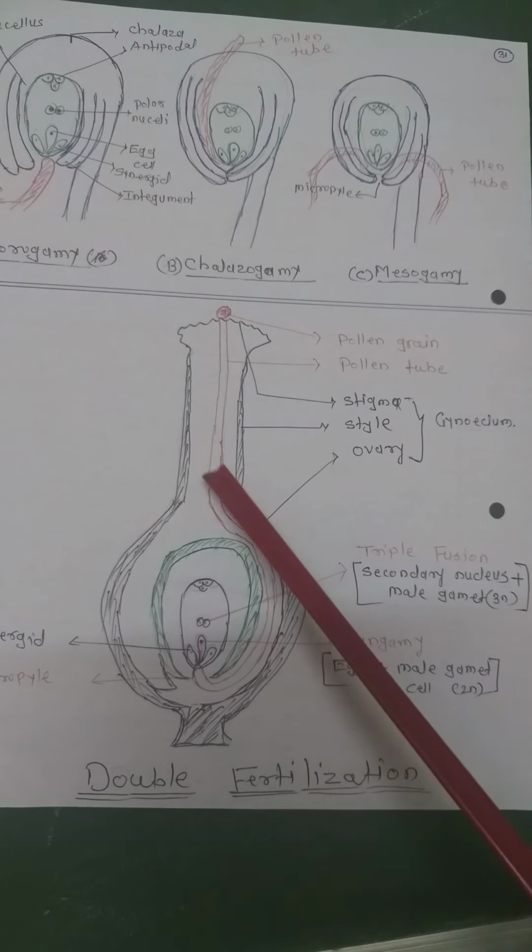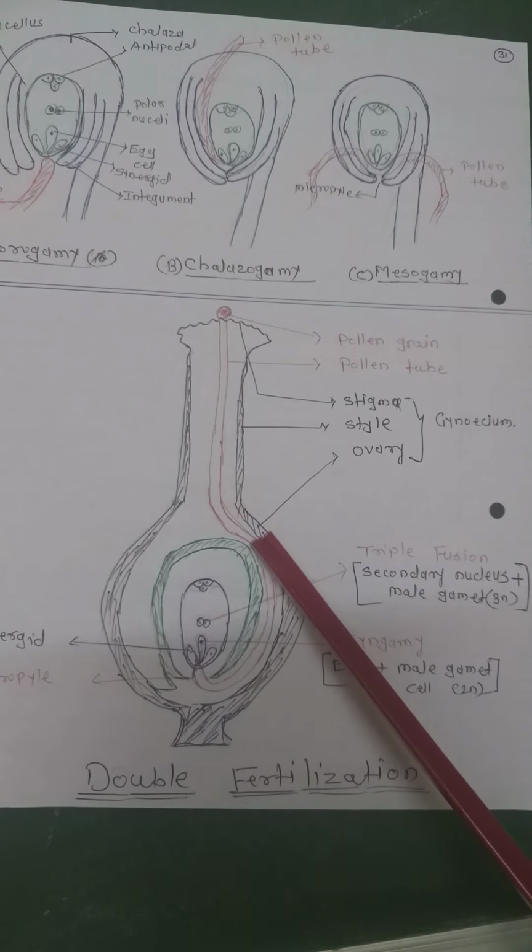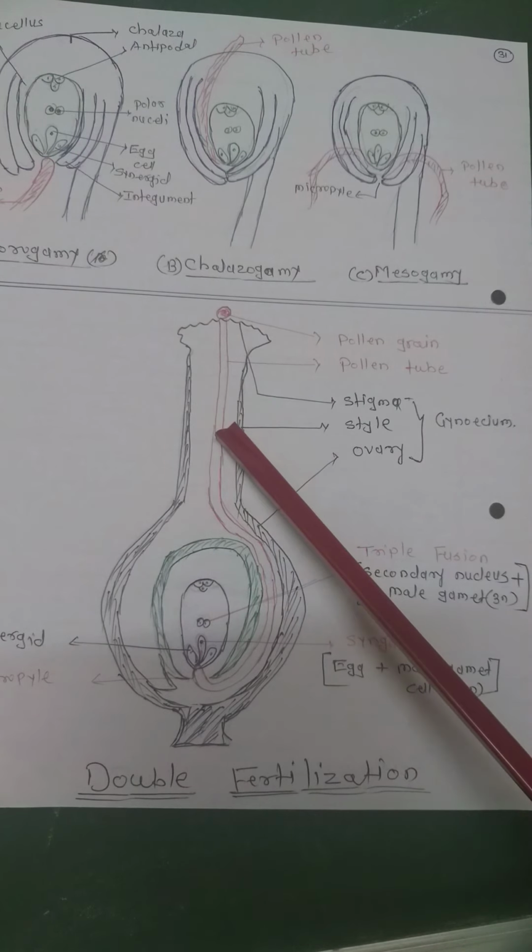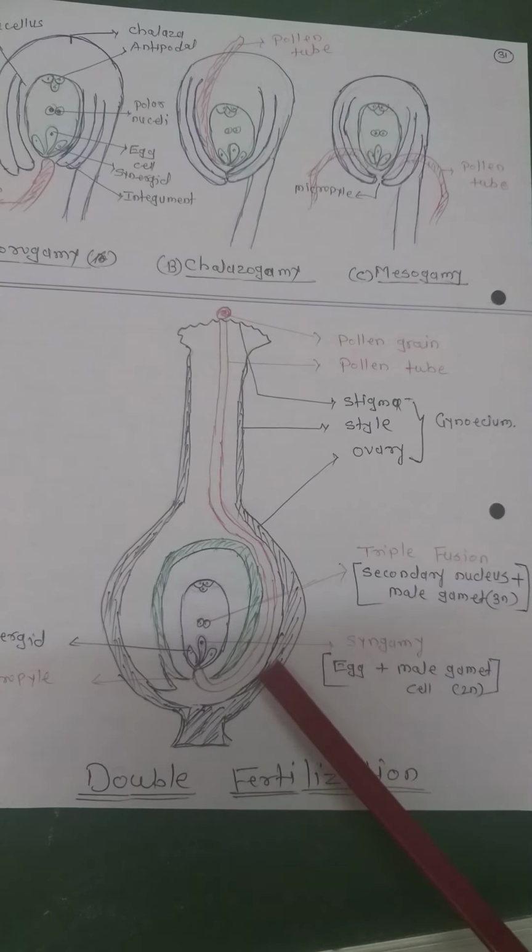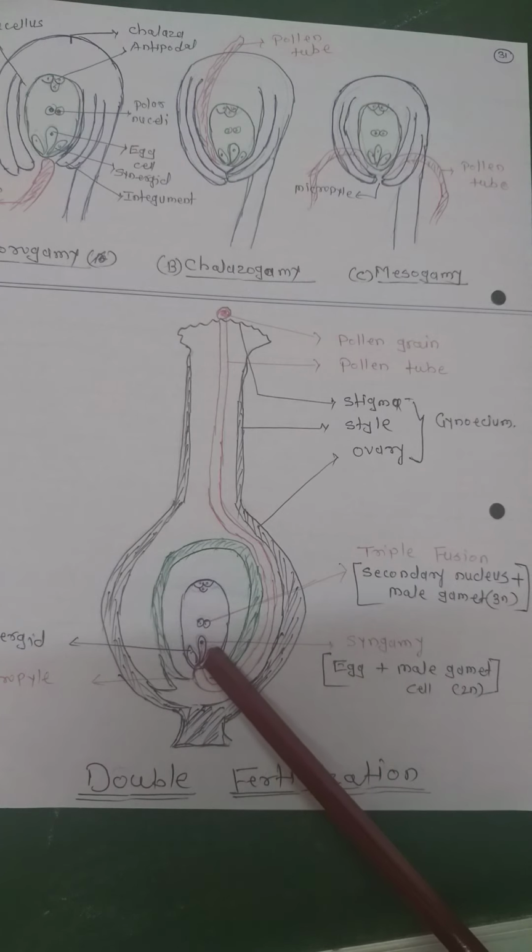It carries the male gametophyte, that is two non-motile male gametes and one tube nucleus. This condition is known as male gametophyte. The growth of pollen tube is guided by the chemical secreted by synergids present in the embryo sac.